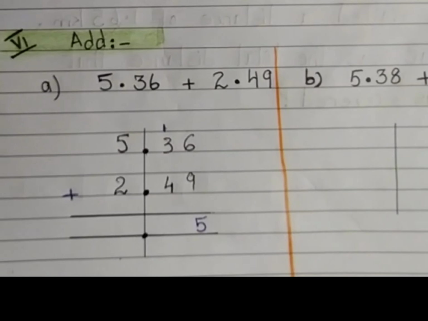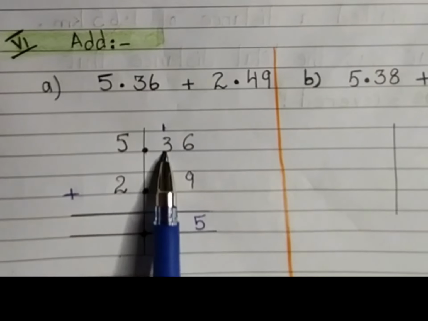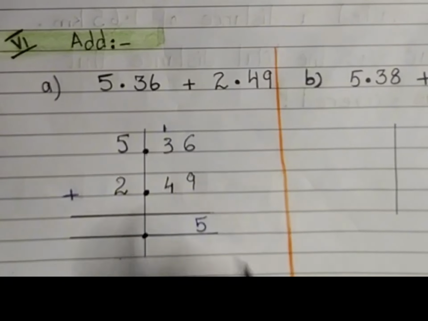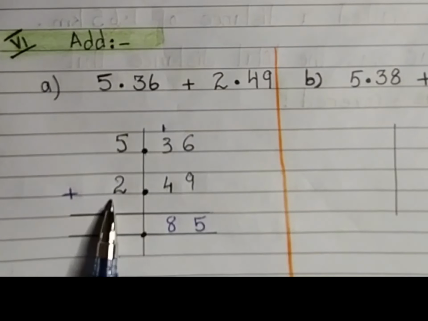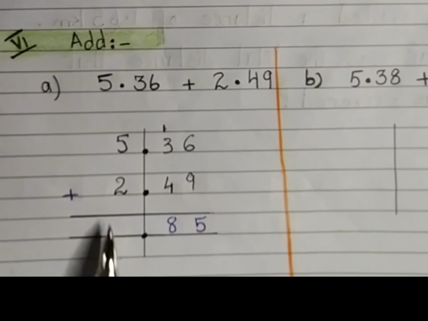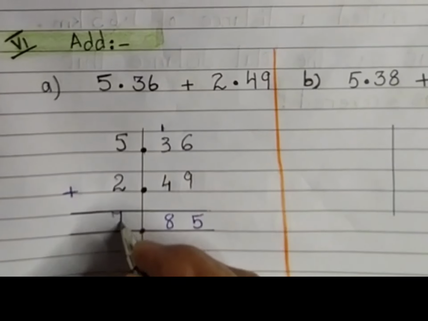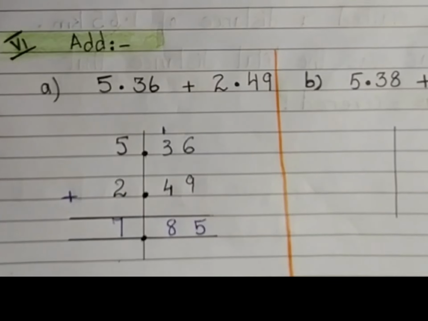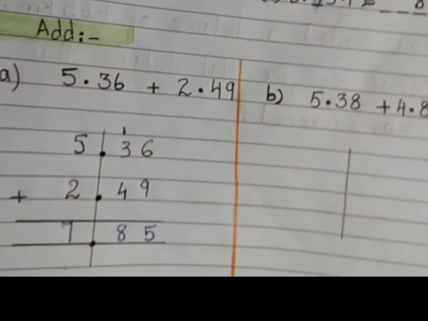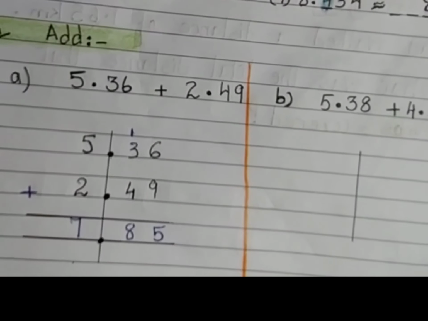Okay, carry the number up. 4 plus 3 is giving us 7. And 7 plus 1 is giving you 8. Let's now add up the whole numbers. 5 plus 2 is giving us 7. So the answer is 7.85. Now move on to the next question here.